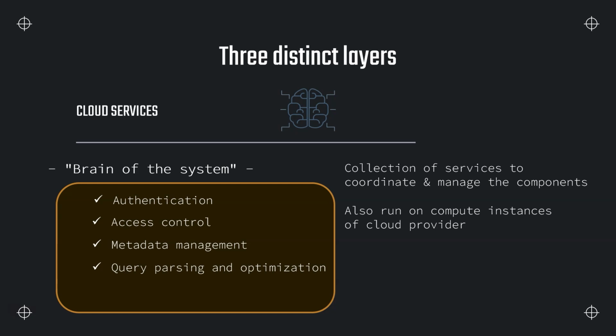So query parsing and query optimization in the cloud services layer, and query execution, the actual query processing, of course in the compute layer. And also the infrastructure management is done by the cloud services layer. So you can see that this is where all of the threads come together, and this is why it's called the brain of the system.